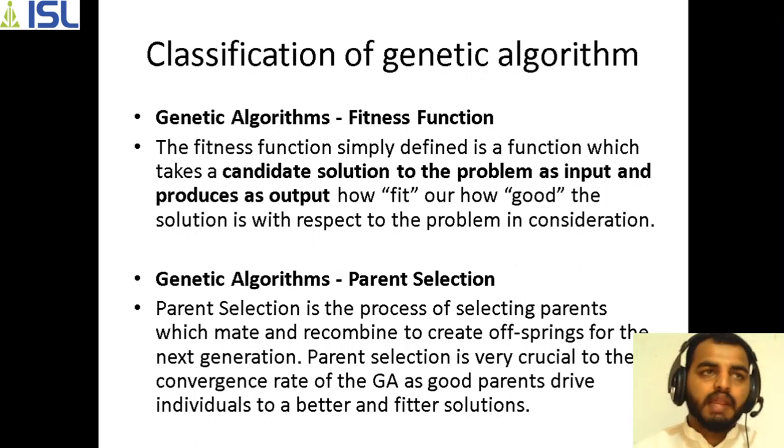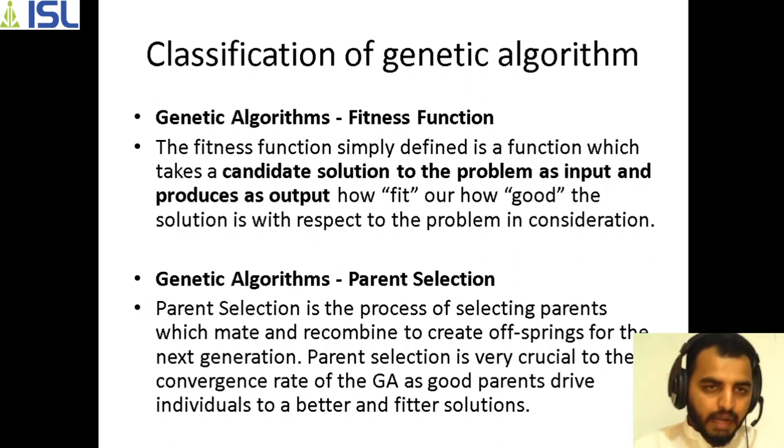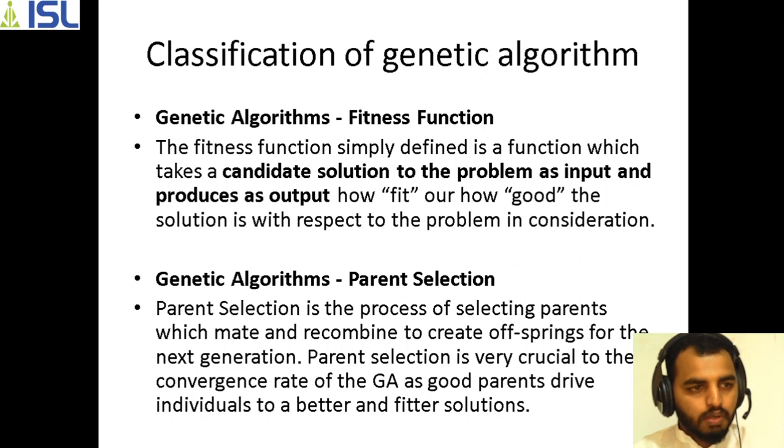See, when we combine two parents, like when we combine two chromosomes to make a new chromosome, that solution will be better than the two solutions given as input. So it creates a better and fitter solution.